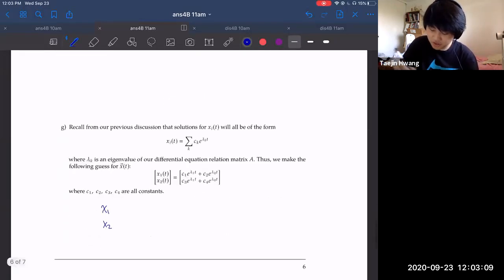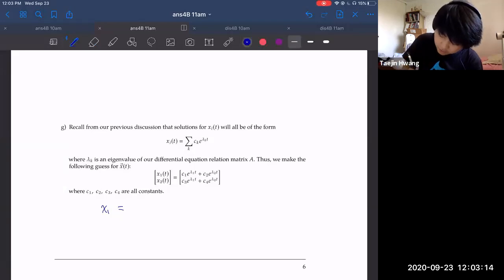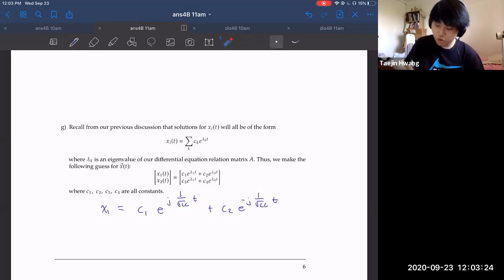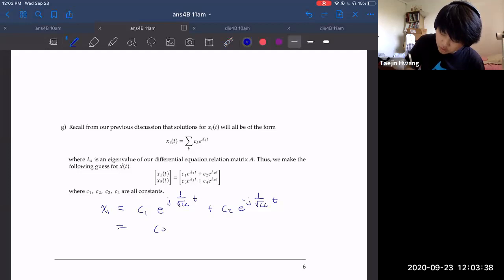And the idea I want to get at is that if you have a linear combination of complex exponentials, you might remember from the previous discussion from Euler's formula that the sum of two complex exponentials that are conjugates of each other, e to the j something and e to the minus j the same thing, is going to be equal to cosine of something.